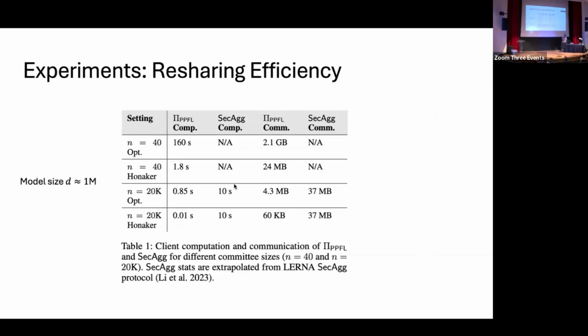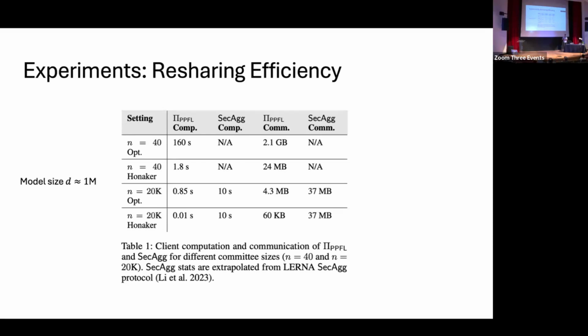In terms of computational experiments, we also ran them. First of all, we're using a moderately sized model of about 1 million parameters. Here we used some data from the Lerna secure aggregation protocol. In these secure aggregation protocols, every round has many clients, it seems, but the model dimension that they use is smaller, I think.